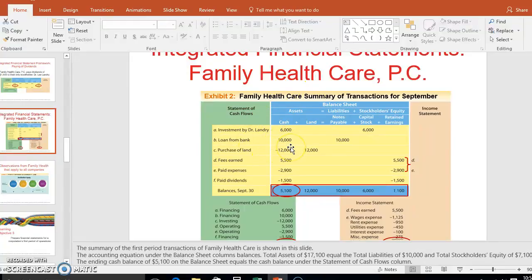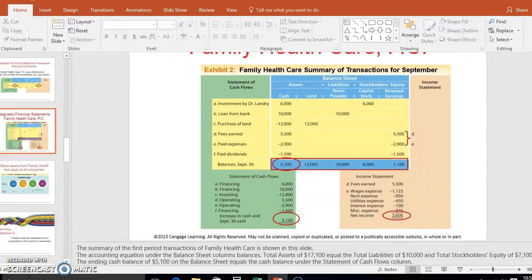So we added cash here, we subtracted cash here based on what happened. So at the end of the month, we have a balance of $5,100. We only had one land transaction, and then we had one liability and then a couple of equity. We had one in the contributions, the stockholder when he made that initial contribution, and then some expenses involved, some revenue involved, and then some dividends that were paid. So we have a balance in each account.